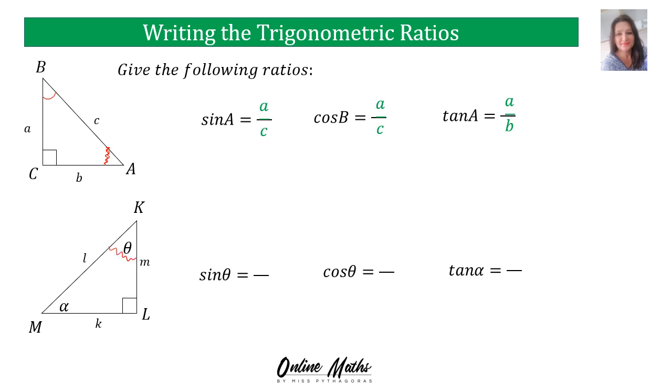Sin's ratio is opposite over hypotenuse, therefore K over L. Cos theta, so we stay at theta. Cos's ratio is adjacent over hypotenuse, therefore M over L. And the last one, tan alpha, we go to alpha, and tan's ratio is opposite over adjacent, in other words, M over K.